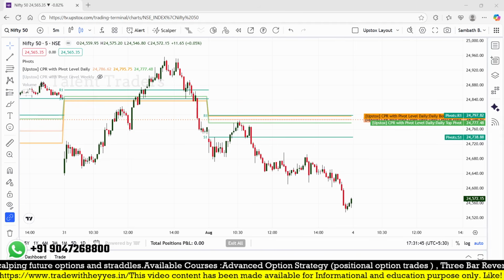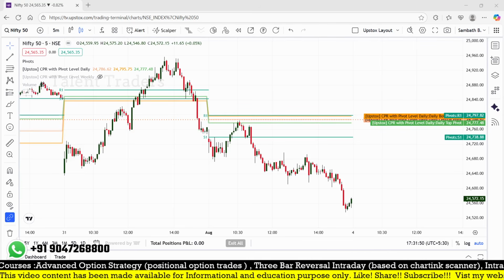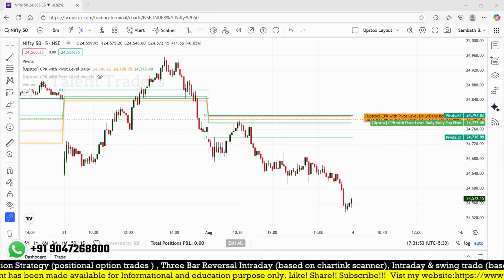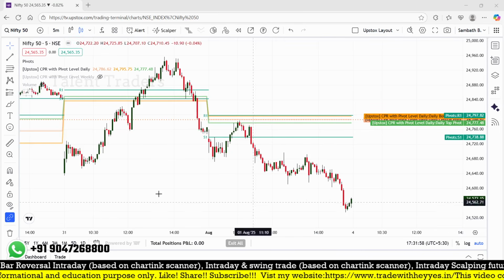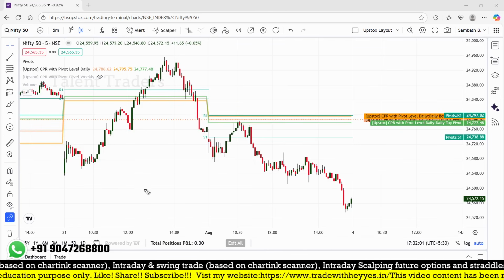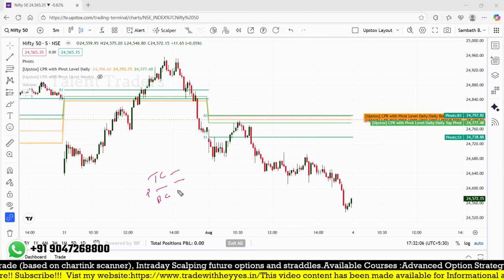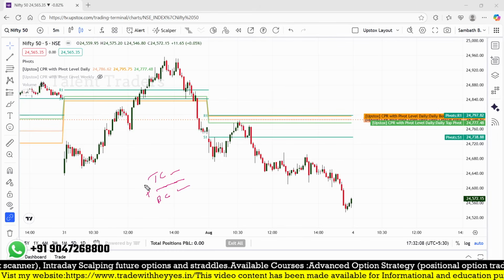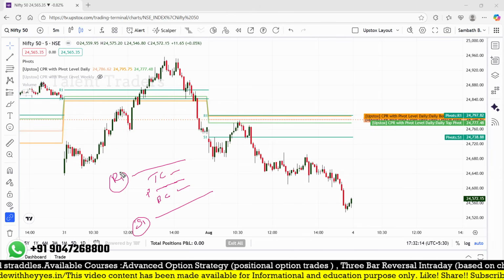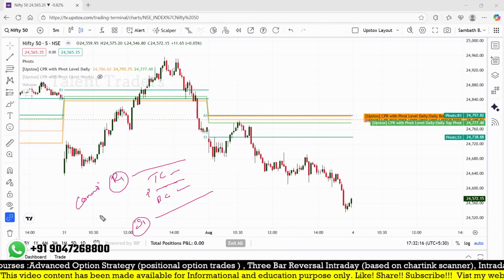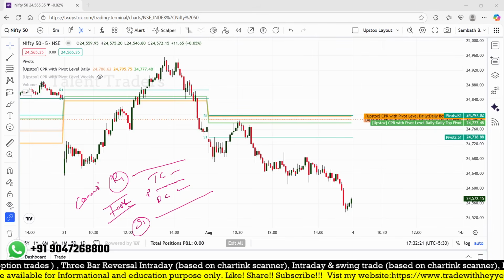By using that CPR and Camarilla, we try to find a scanner which helps you find stocks whose CPR levels, like TC, BC and pivot, are completely inside between the R1 and S1 of the Camarilla pivot levels. So Camarilla plus CPR may be a good scanner for breakout stocks.